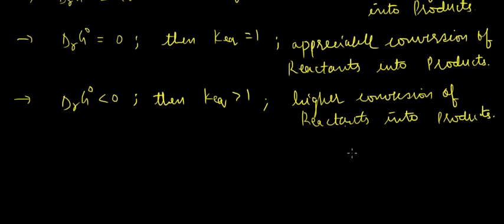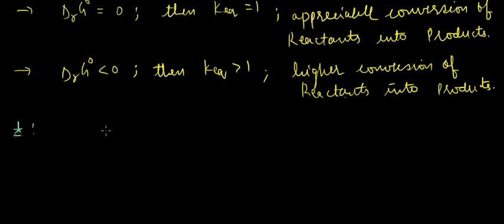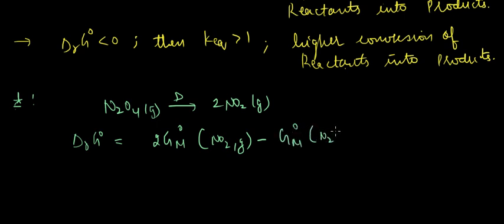Okay, then let us see a concept wherein, let's say, on heating N2O4(g), we get 2 moles of NO2(g), and delta Rg naught for this reaction would be equal to 2 moles of molar Gibbs free energy of NO2(g) minus Gm naught of N2O4(g).